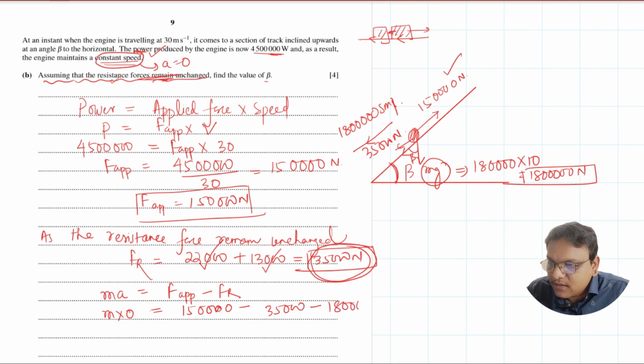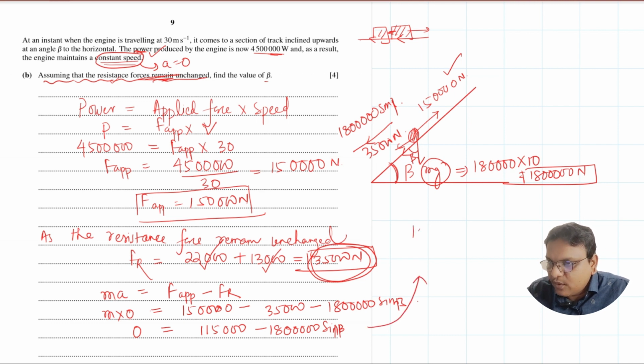So 1,800,000 sine beta. Got it? Now you have to rearrange it and get the answer. So mass times 0 equal to 0 is equal to, if you subtract this, you will get 115,000 minus 180,000 sine beta. So now if I try to find out the value here, check it please.